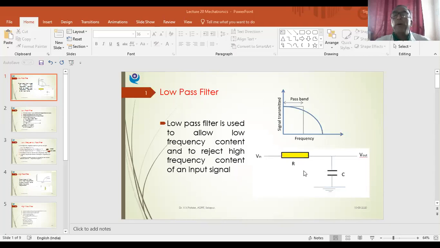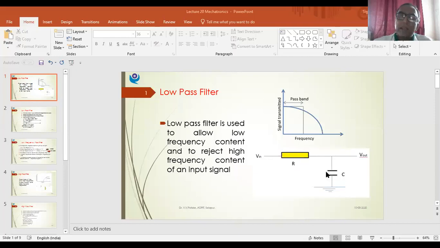Now we know what Kirchhoff's voltage law says. Focus your attention on the left part of the circuit. I have supply voltage V in from here to ground. Kirchhoff's law says the overall circuit drop is equal to the sum of the individual voltage drops. What are the components in this left part of the circuit? I have supply voltage V in, and then I have one resistor and one capacitor.